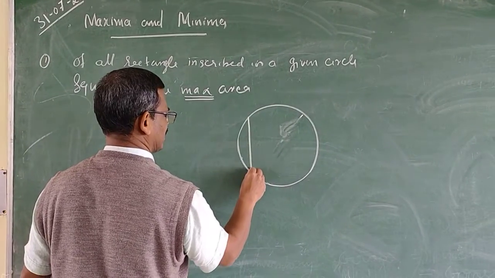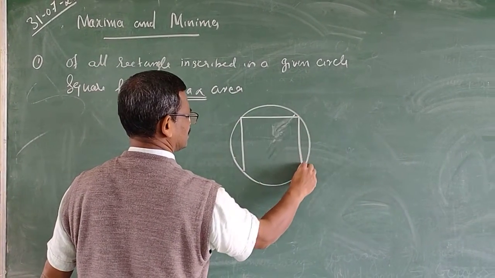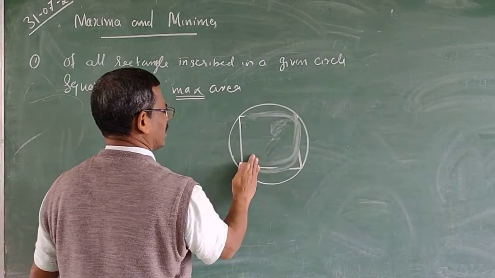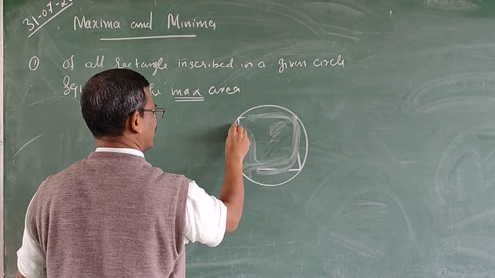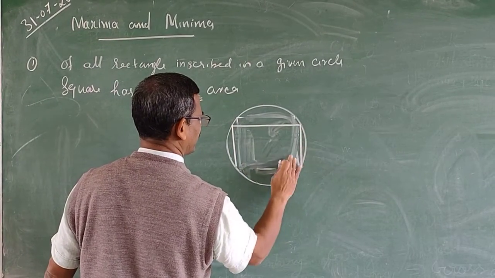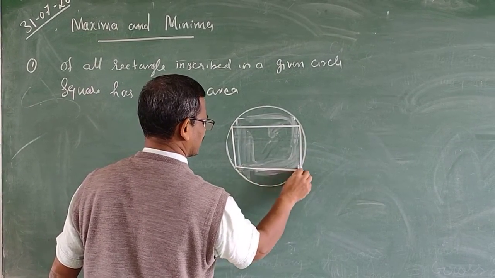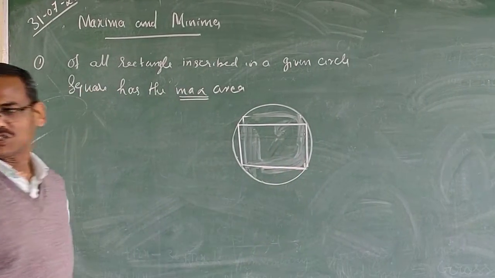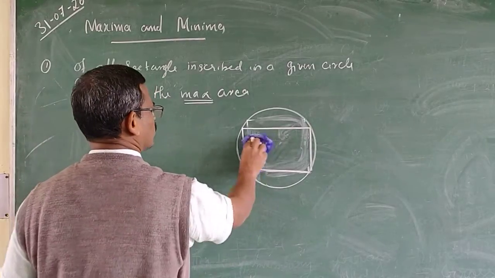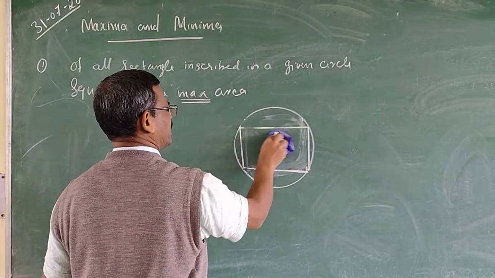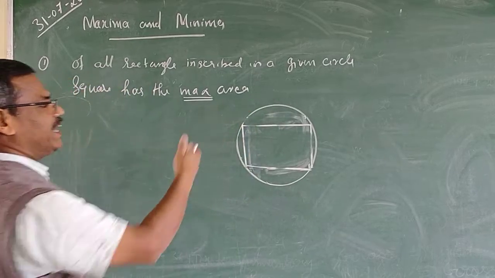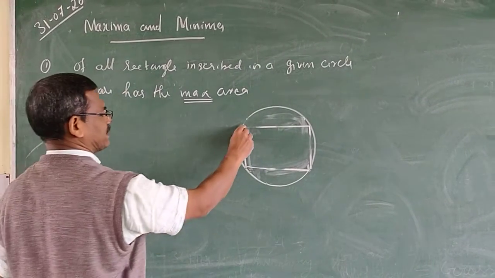I can have it like this, that is one way, and I can have it like this. So you can call it a variable rectangle. The dimensions of it are varying. We want to know what the dimensions should be so that the area of this rectangle is maximum.